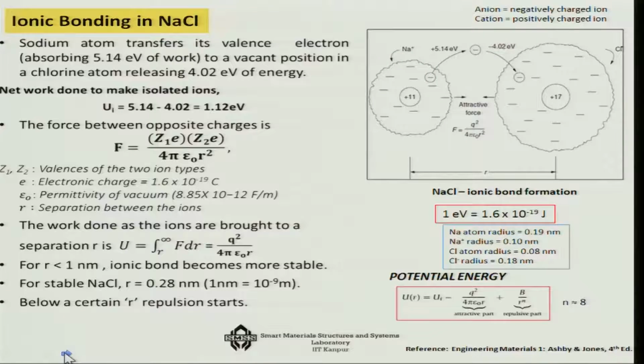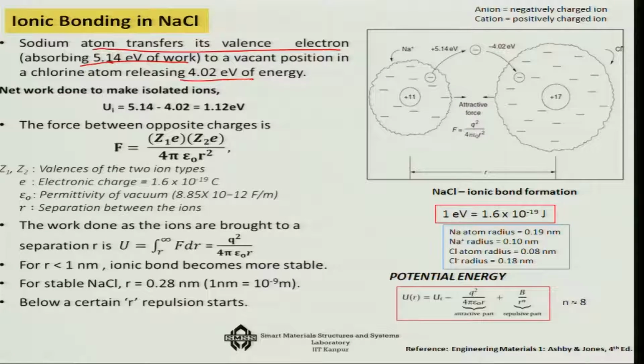Now the sodium atom, as I have shown you in the periodic table earlier, can very easily give up one electron, and chlorine can accept that electron. So the sodium atom transfers its valence electron, absorbing about 5.14 electron volt of work, to a vacant position in a chlorine atom, and that will release about 4.02 electron volt of energy.